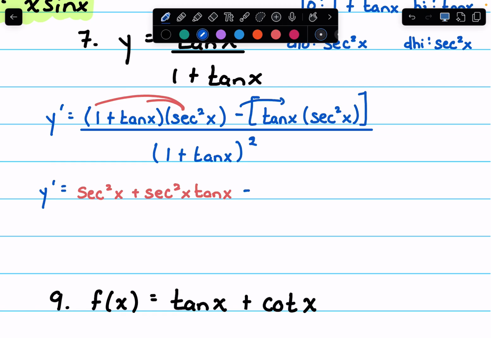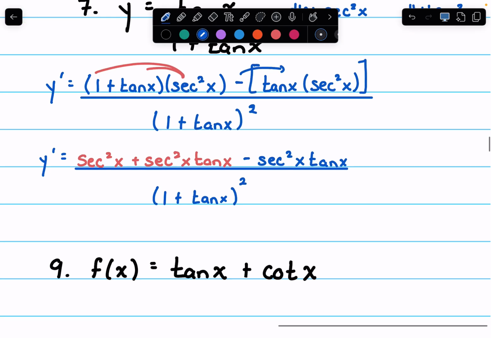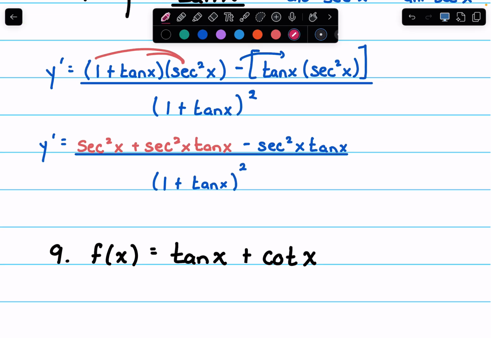We'll just say minus secant squared x tangent x, all over low squared still. Notice anything? Those equal 0, right? So you're just left with secant squared over 1 plus tangent x squared.